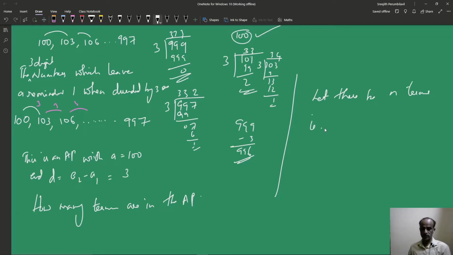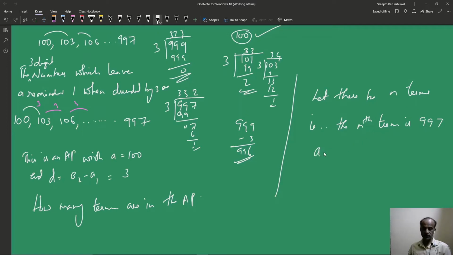That means the nth term is 997. We will find its position, whether it's the 20th term. If it is the 20th term of this AP, then we say there are 20 terms. If this is the 50th term, we say there are 50 terms. Let there be n terms. That is, the nth term is 997.